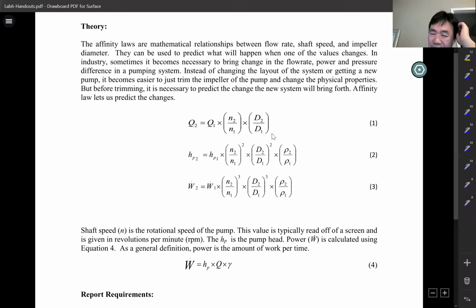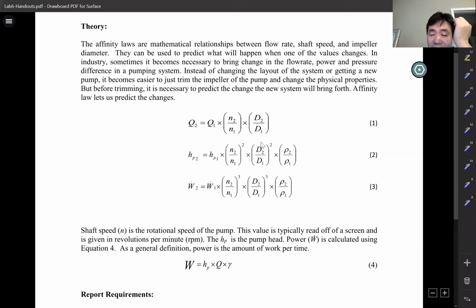But if your application is that we're not trimming the diameter, we just run the pump at a different RPM, then the pump head ratio is the RPM ratio squared. Your diameter will be the same, and density will be the same, so it will be the RPM ratio squared. You can predict the pump head for the new pump.